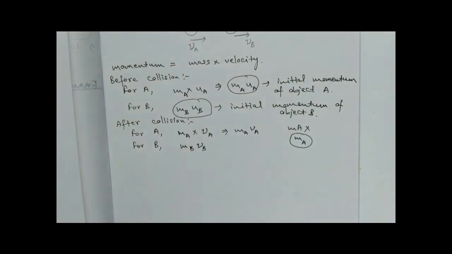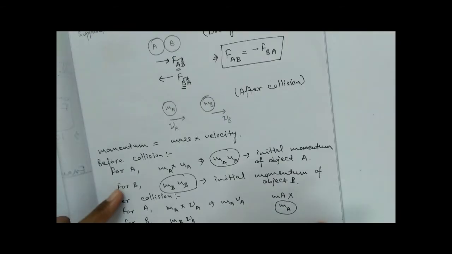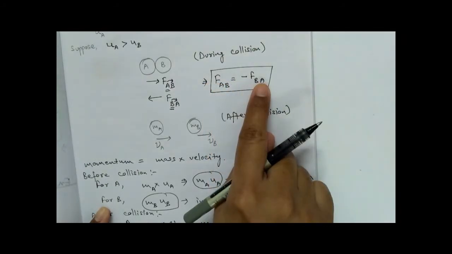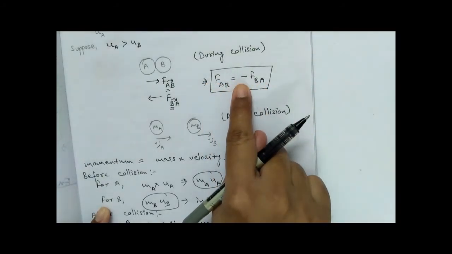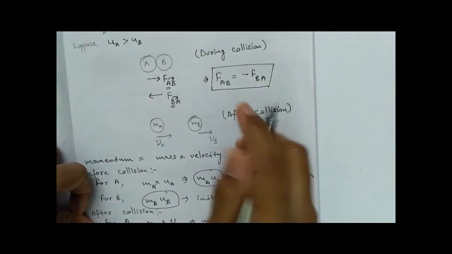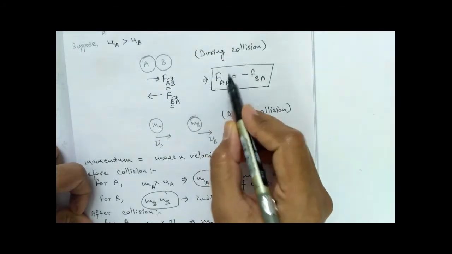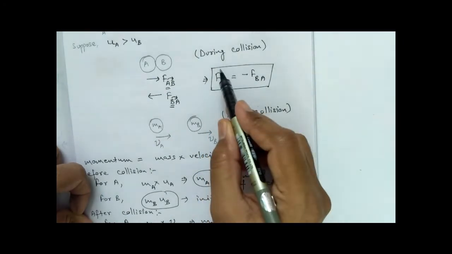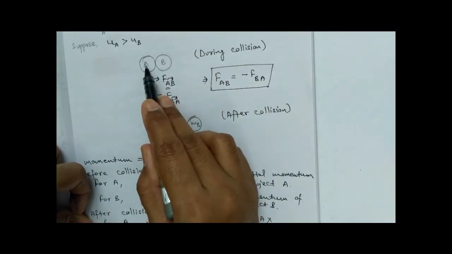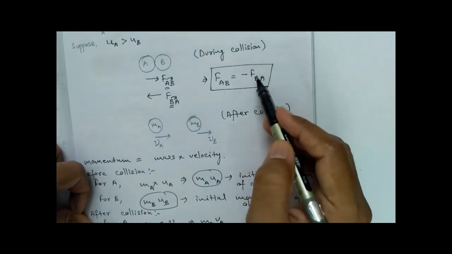Now we know that both the forces are what? Equal and opposite in direction, isn't it? This is the force exerted by A on B. So it is the force which is produced by A. And this is the force that is being exerted by whom?